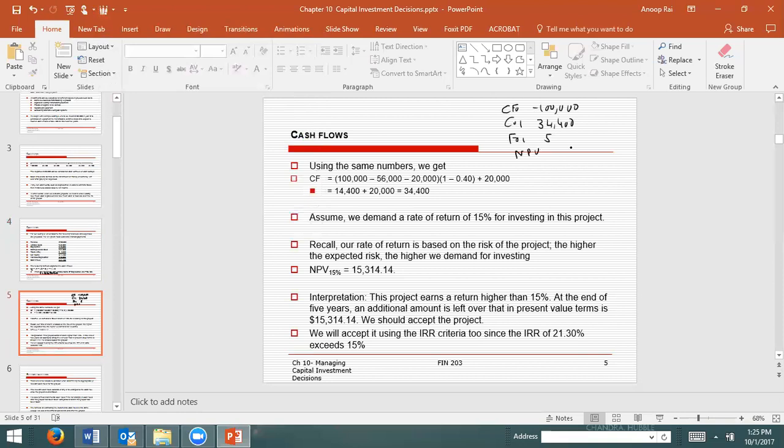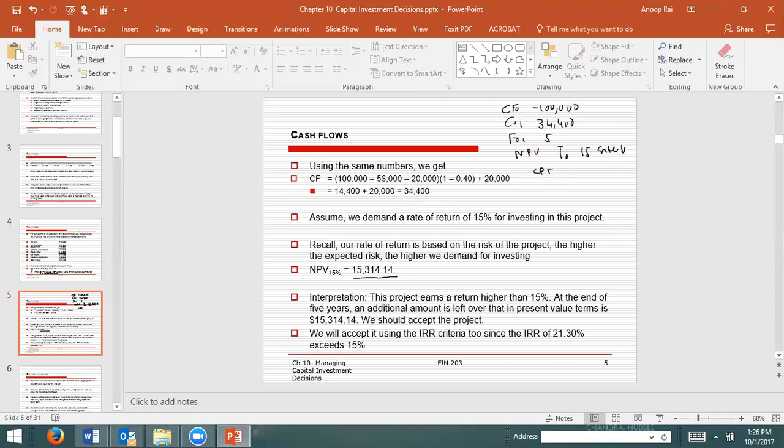This is the BA II Plus calculator. I/Y, we'll say 15. Enter and compute, and it will give us 15,314. What it means is we will definitely make our 15%, but in addition, we'll have extra money left over, whose present value is going to be 15,314.